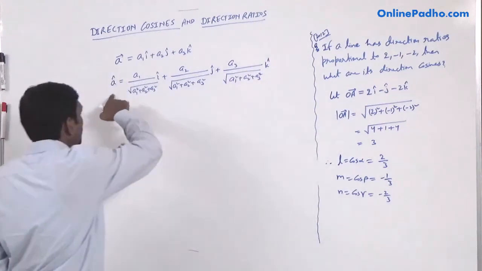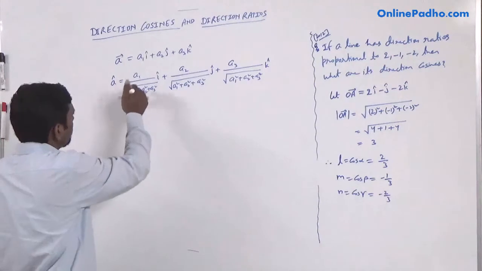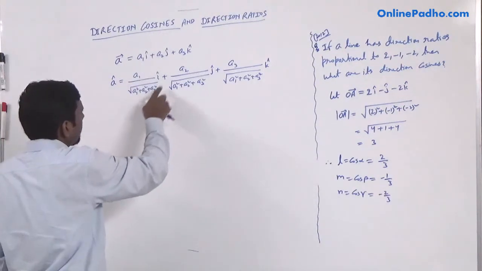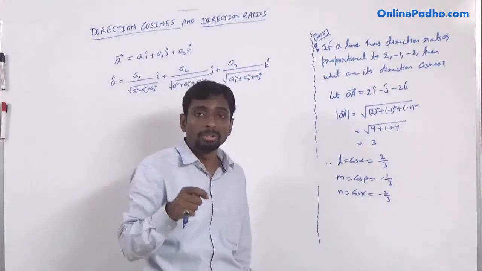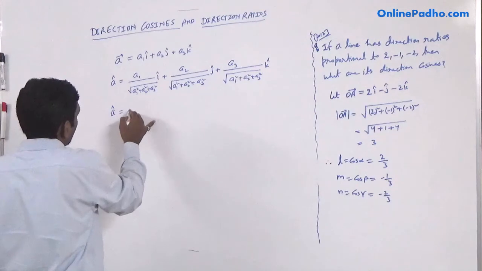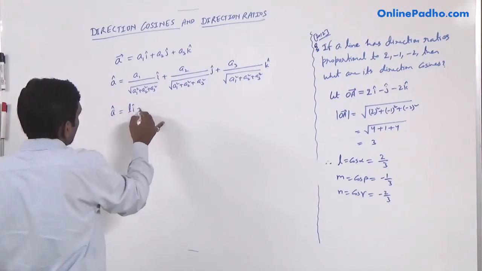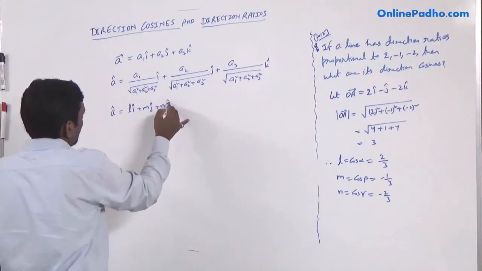This is called the unit vector of vector A. And these A1 by this one, A2 by this and A3 by this are the direction cosines called l, m, n. So A cap can be written as l i cap plus m j cap plus n k cap.